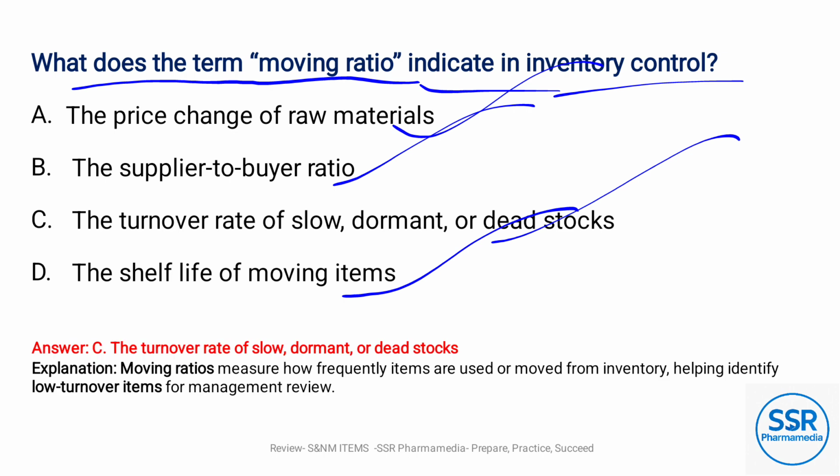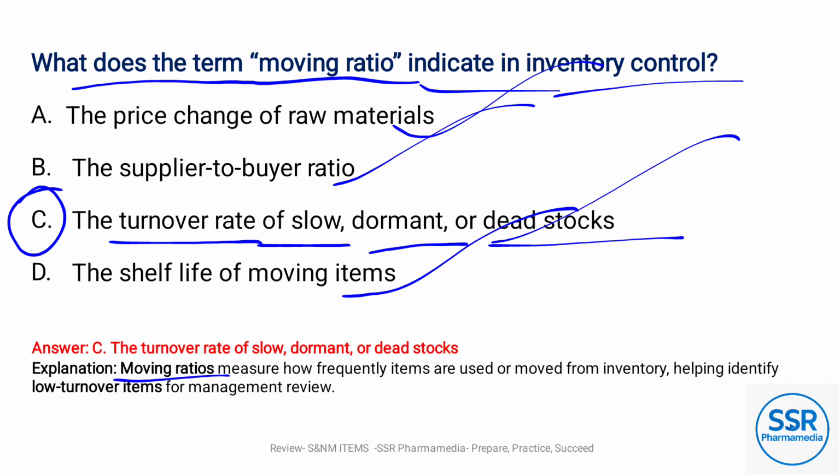The answer is C, the turnover rate of slow, dormant and dead stock. The moving ratio measures how frequently items are used or moved from inventory, helping identify low turnover items for management review.